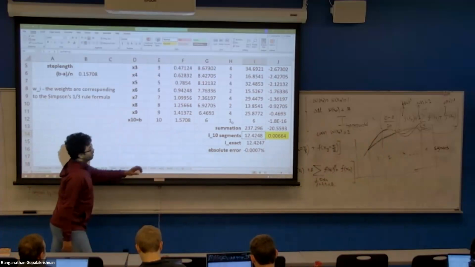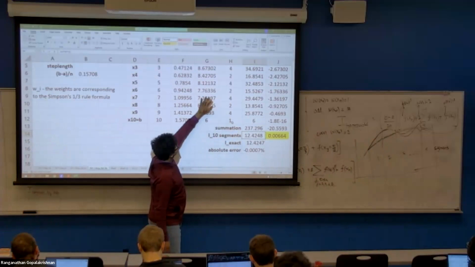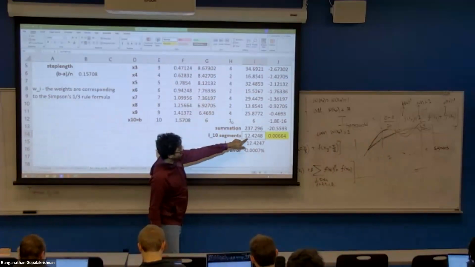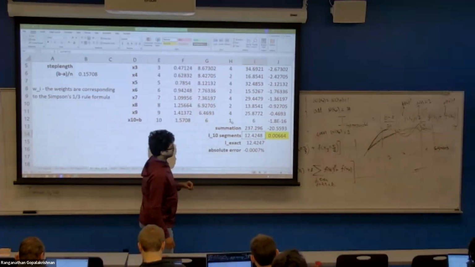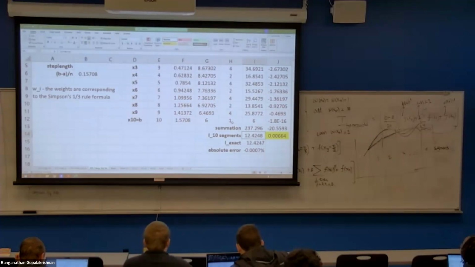Okay. So what I want you to do is, those who are trying it on Excel, grab this value, 12.4248, and put it on your sheet. I'm generating this file and I'll upload it at the end of the class.